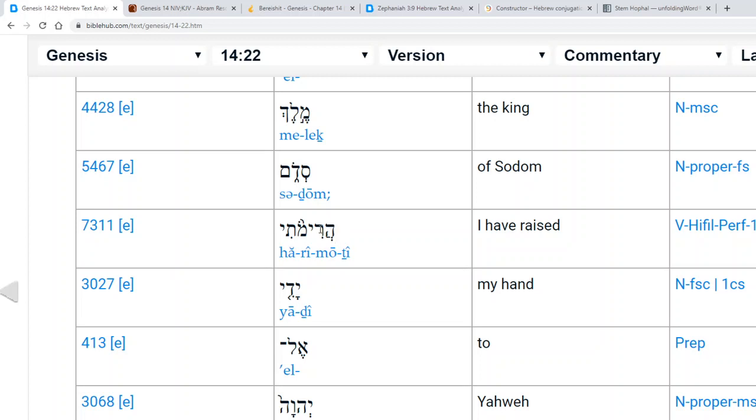So the root, I would say, is Yud Resh Mem or Hey Resh Mem. Resh Mem means up, right? Harimoti means I have raised. It is in the Hifil. That's the Yud telling you that. Rama, or yeah. Let's see what the concordance is saying.